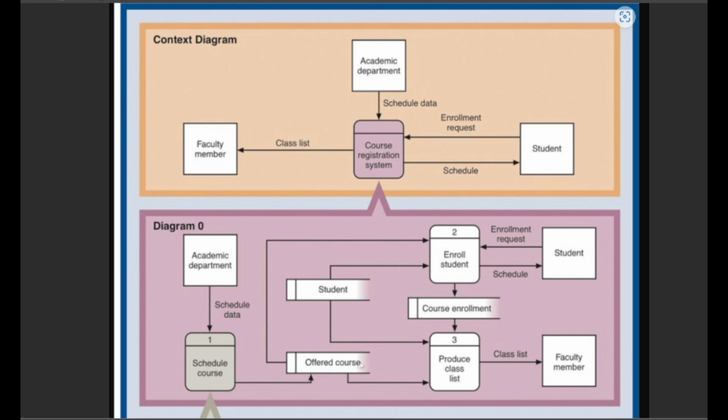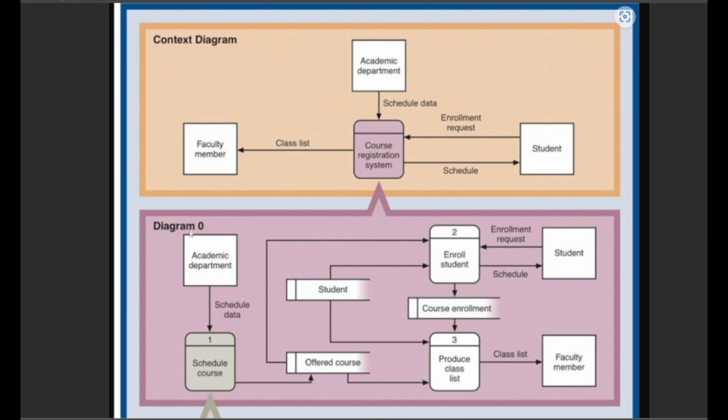The offered course database also gives the report on what courses are offered, or what courses the student takes. That is on process number 3, producing class list.